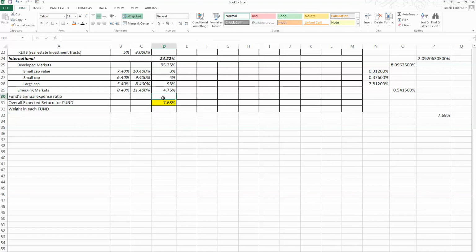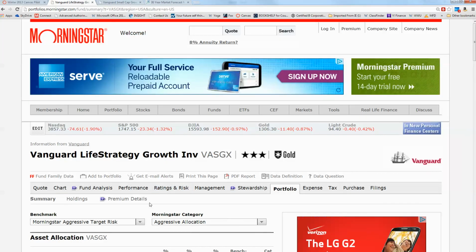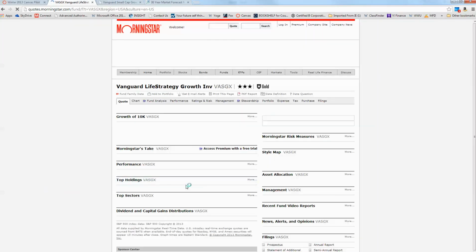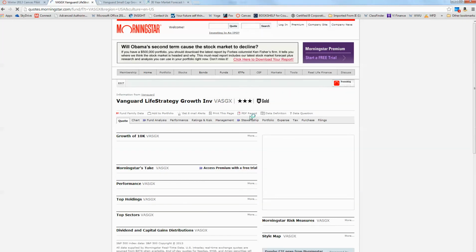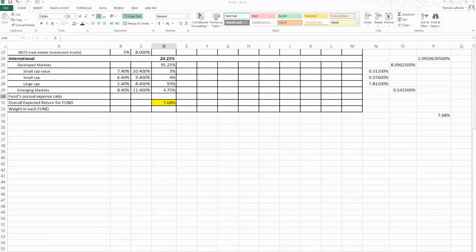Now I need to know the fund's annual expense ratio. That is easily available on Morningstar. It's just right under the quote section. Now their expense ratios can change every year. I'm not going to worry about that. Let's just use the expense ratio that's right here. So 0.17%. You'll need to deduct this expense ratio from your 7.68.